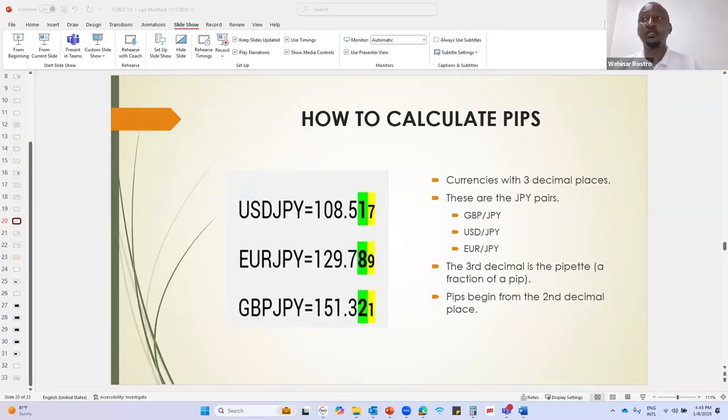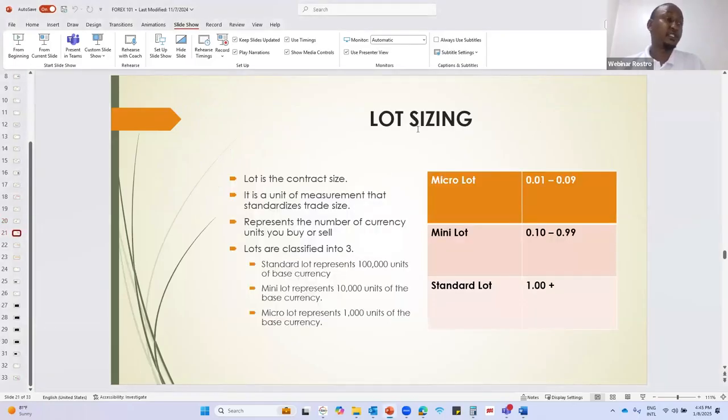All right. So what do we have here? The next thing is the lot size. The lot size is the position size or the volume. We have three categories of lot size: the micro, the mini, and the standard lot.